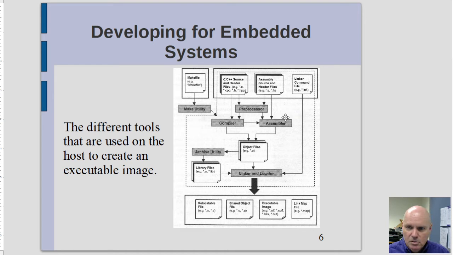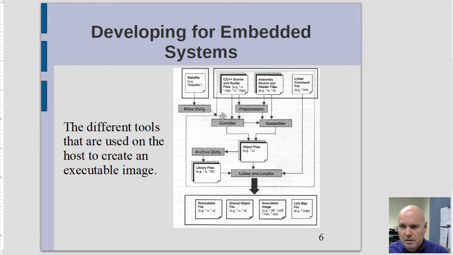I know this slide's a little hard to read. It's a copy of a page out of the textbook, so it's going to be a little clearer in the textbook. But we have C, C++ source and header files. We could have assembly files. There could be a linker command script that controls where all of the code gets located in memory.